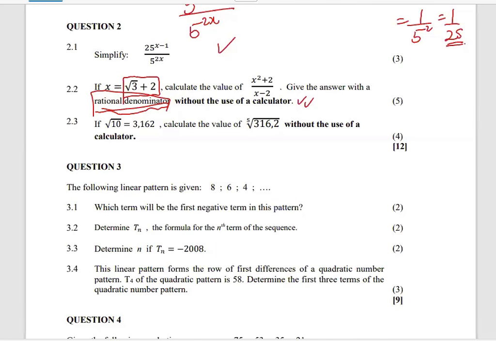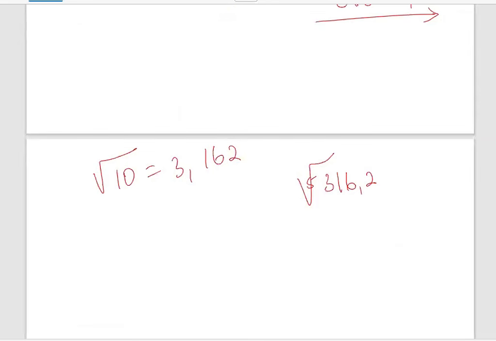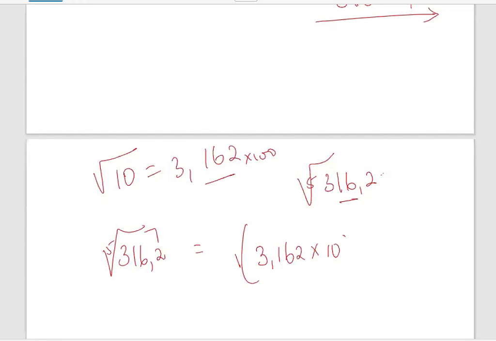So what we're going to do, let's see. The 5th root of 316,2 is the same as, comparing it with this, this number was multiplied by 100 to get the 316,2. So it's going to be the same as the 5th root of 3,162 times 10 squared, which is the exponent of 1 over 5.